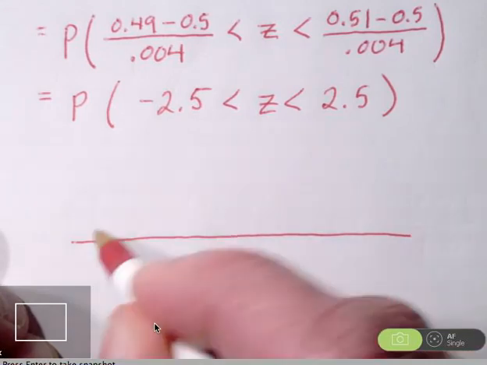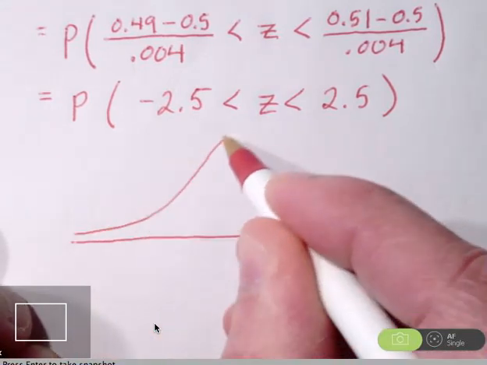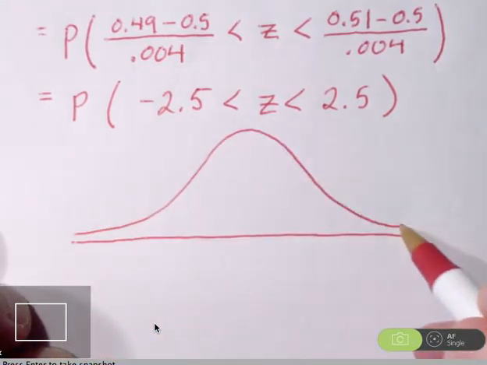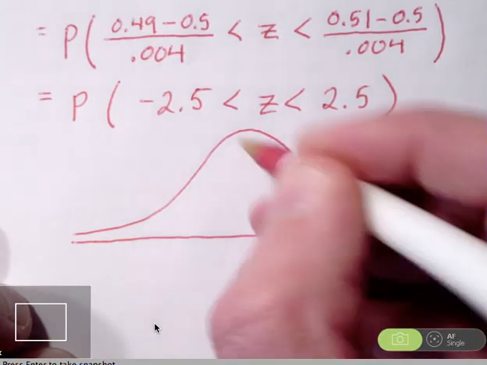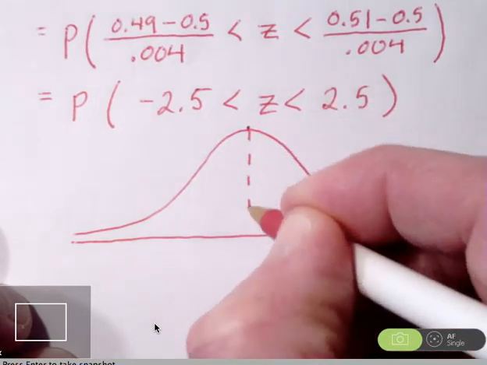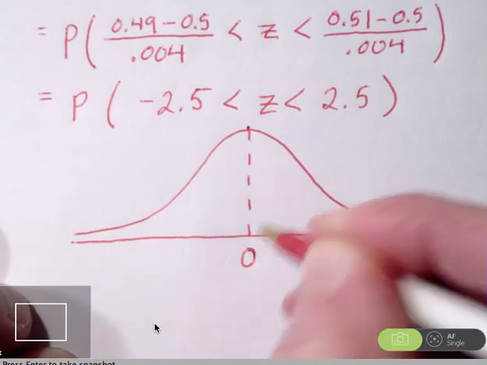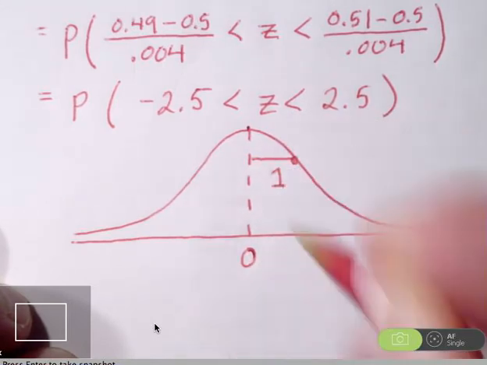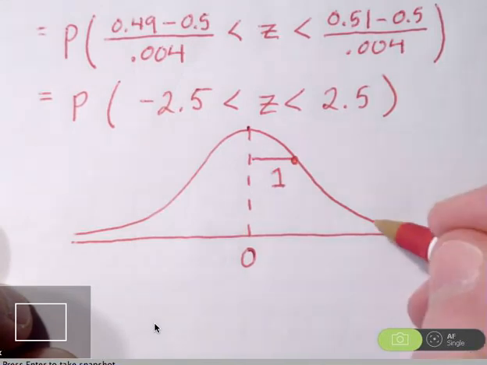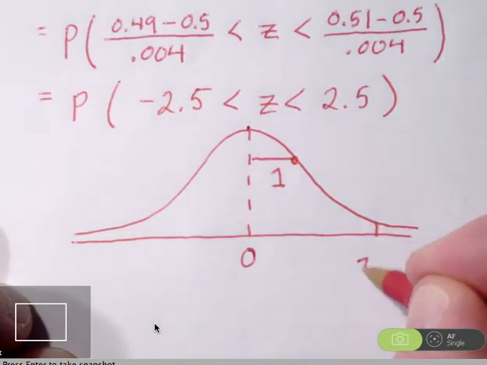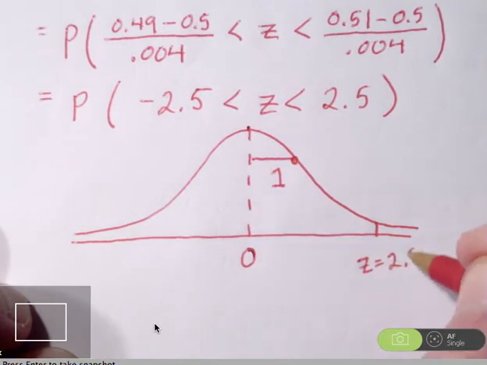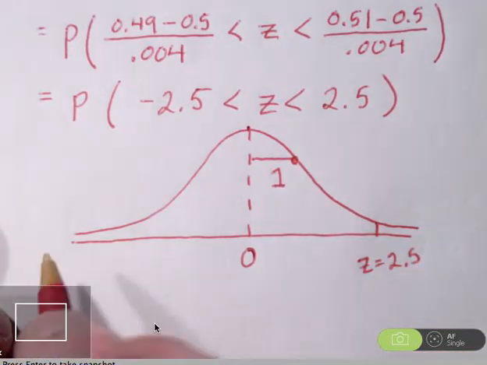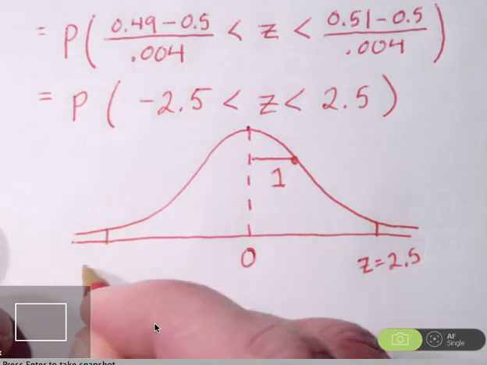When I draw my normal density function, I want to label my center at 0. Z-scores have a mean of 0, and here is my standard deviation of 1. I want to go all the way up to 2.5 as my upper boundary, and I have a lower boundary of a z-score of negative 2.5.